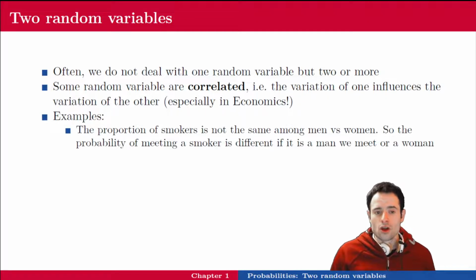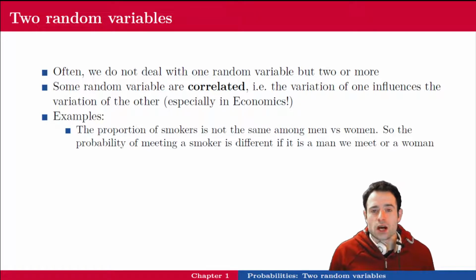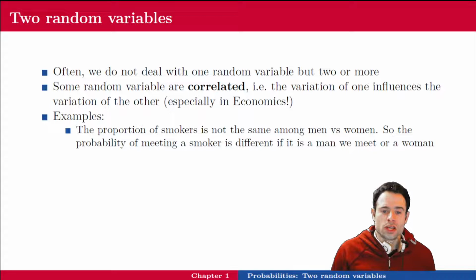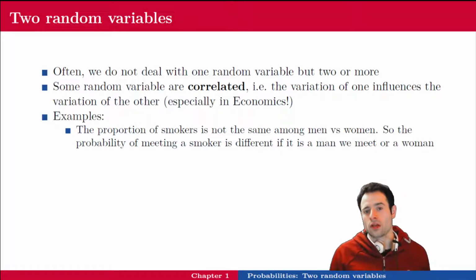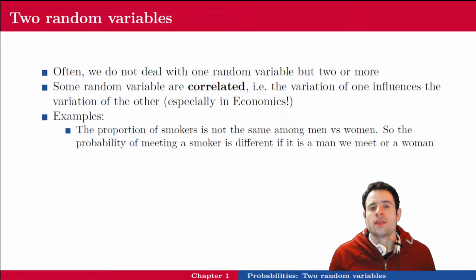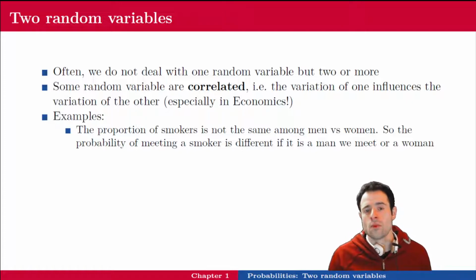For instance, the proportion of smokers is not the same among men versus women. So the probability of meeting a smoker is different if you are thinking about meeting a man first or if you are thinking about meeting a woman first. Among women, there are fewer smokers than among men. I believe this statistic holds in many countries.